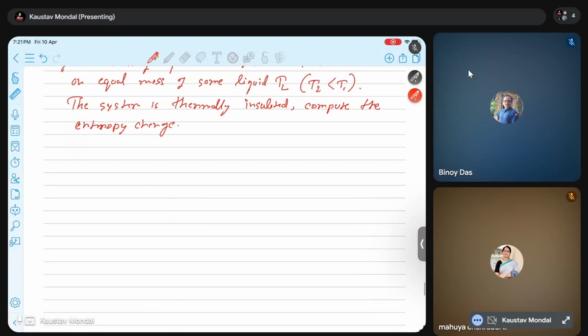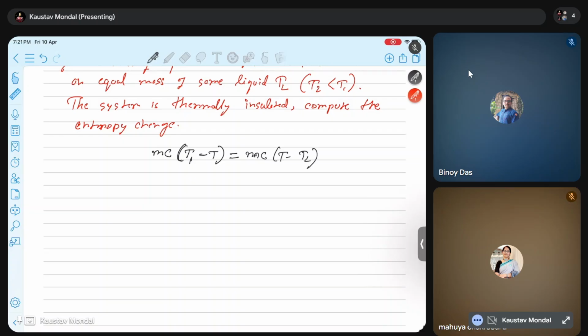The heat rejected by the hot liquid is MC (T1 minus T). The hot liquid cools down from T1 to T, and this is the amount of heat it would release. This same amount of heat will be absorbed by the cold fluid, and its temperature will rise up. That heat would be MC (T minus T2).